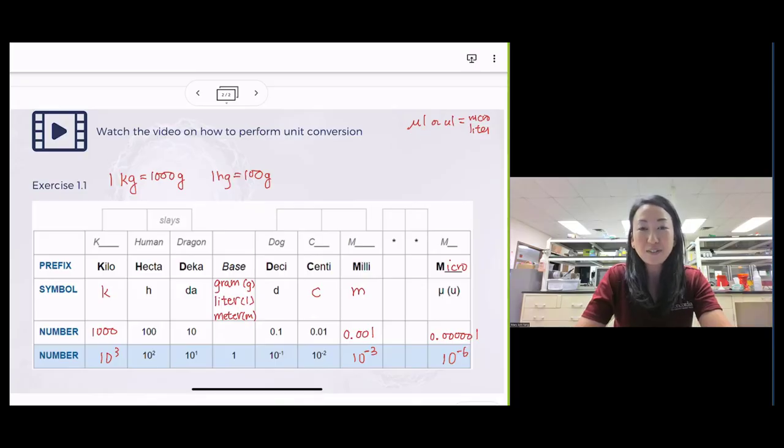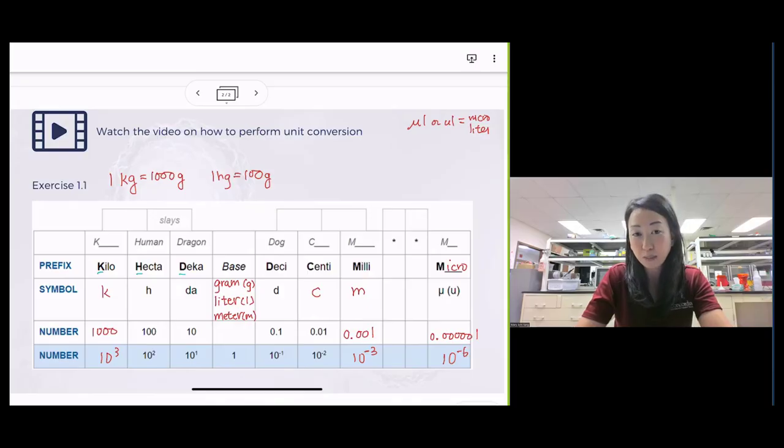Now that you kind of have an idea of the various prefixes, let's try to remember it by using the relationship on top. As you can see, the prefixes go kilo, hecto, deca, which is KHD, then to the base unit.